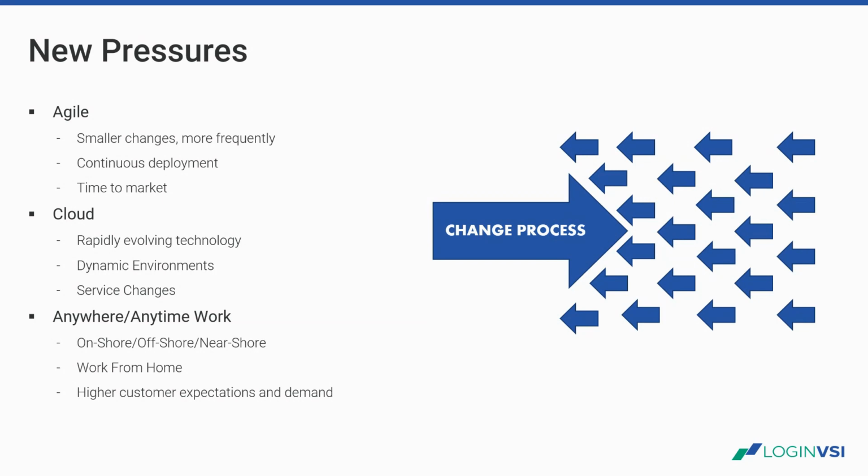They're dynamic environments, right? They might auto scale. How does that impact your change process? If you have a service that is designed to auto scale and it starts building additional units for burstable capacity, what does that change process look like?